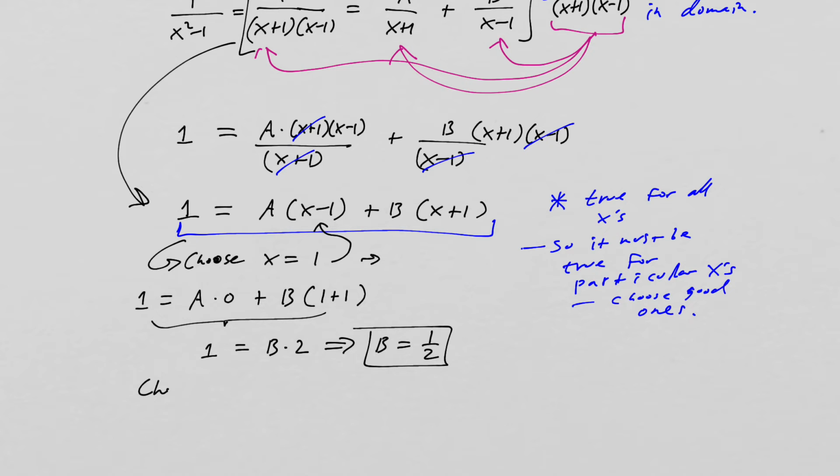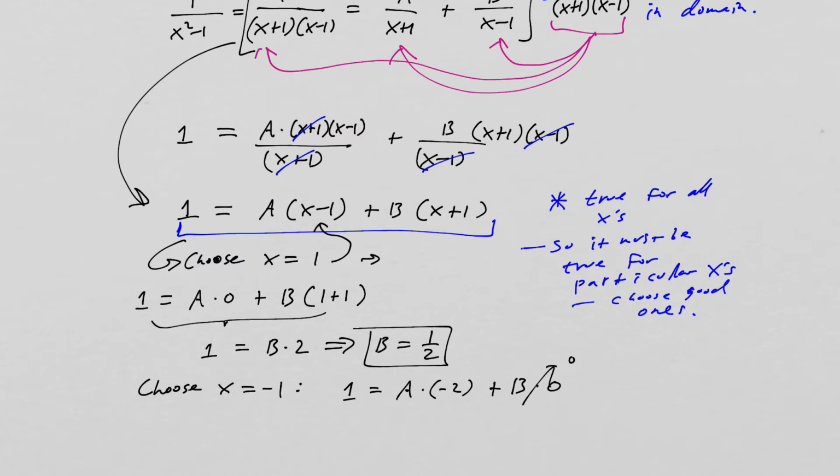So now we can choose a different x value. And now I'm betting you can guess a lot more clearly what x value would be good. I'm going to choose x equals -1. Then I get 1 is equal to a times -2, because I'm plugging in x equals -1, plus b times 0.